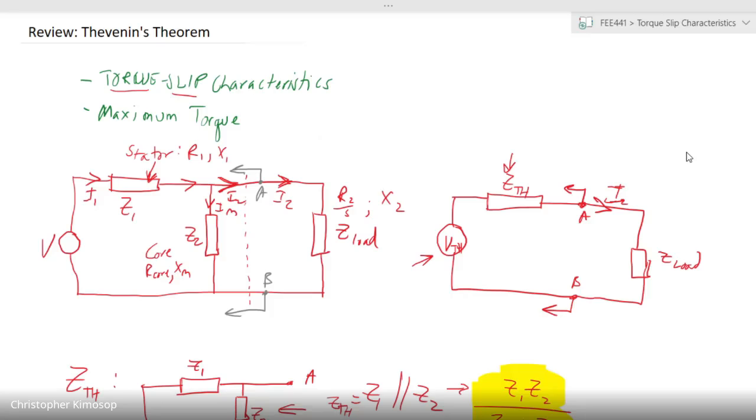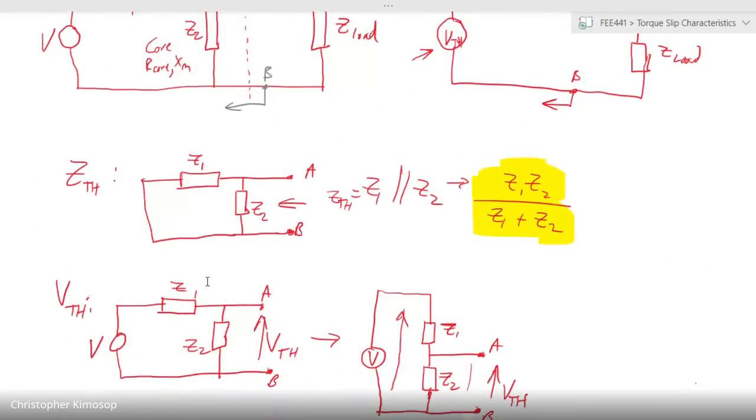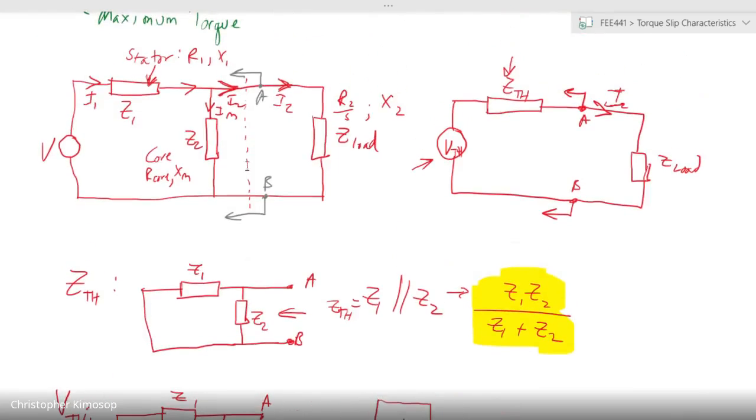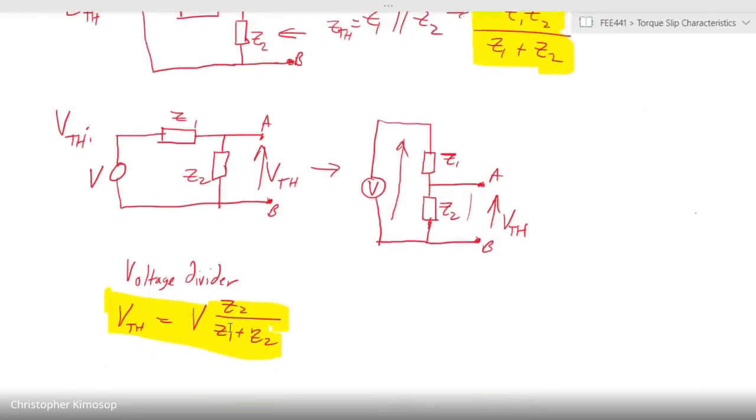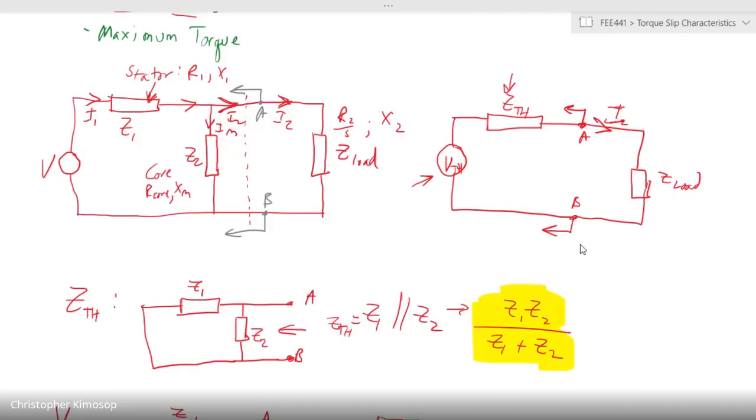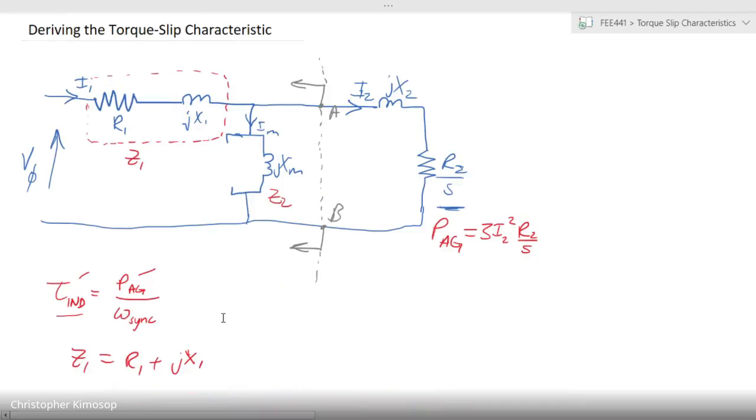And we can therefore convert those elements into Z Thevenin and V Thevenin. We can obtain those from looking at the circuit from that point of view.